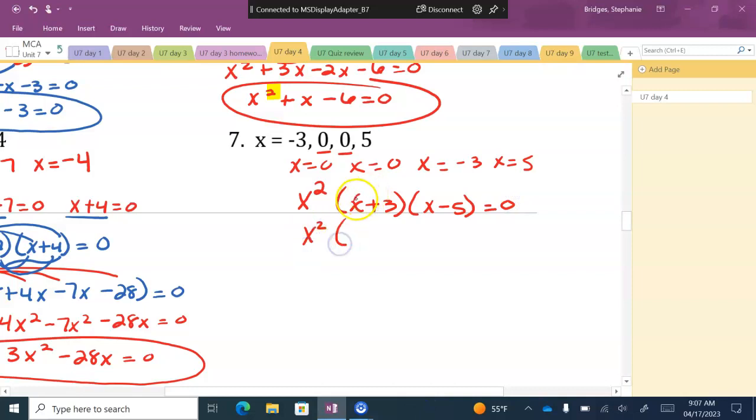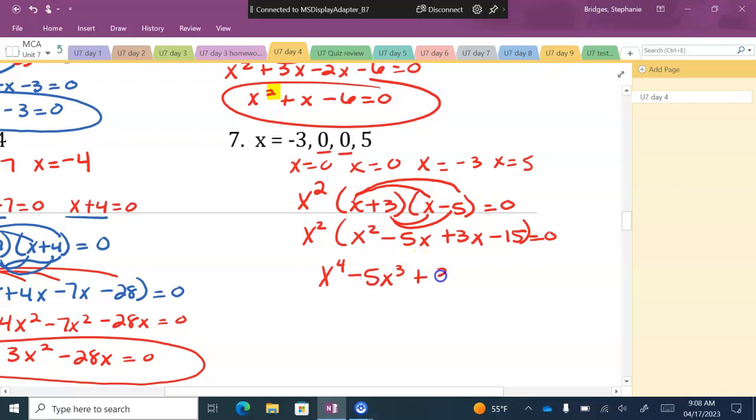I'm going to go ahead and distribute out my binomials. And then I'm going to distribute the x squared. And then I can just combine my like terms.